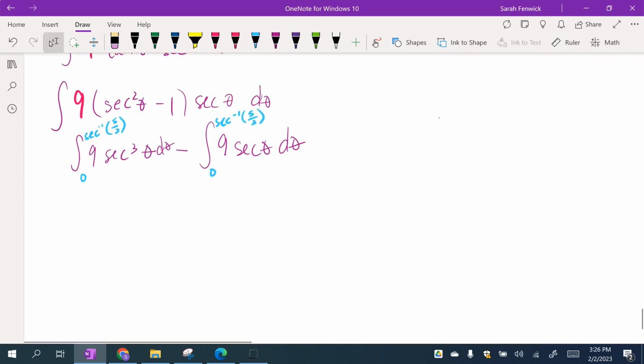All right. So when we take our actual integration, secant to the third, like I said, is in our notes so many times. It's 1/2 ln of secant theta plus tan theta plus 1/2 secant theta tan theta.